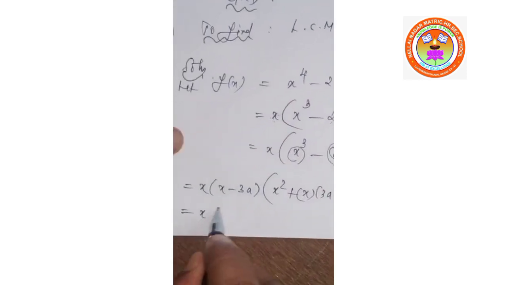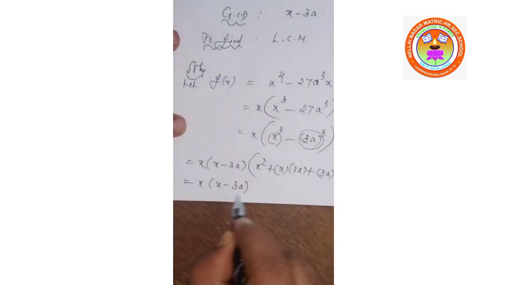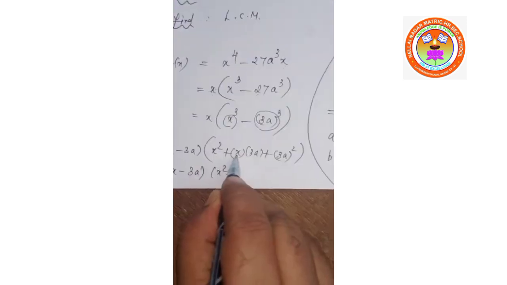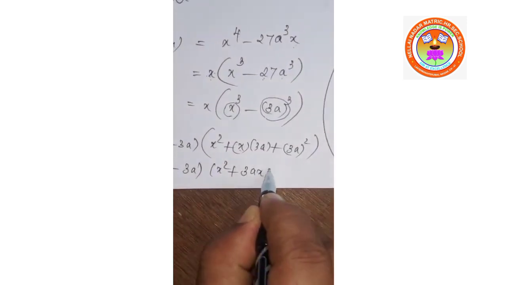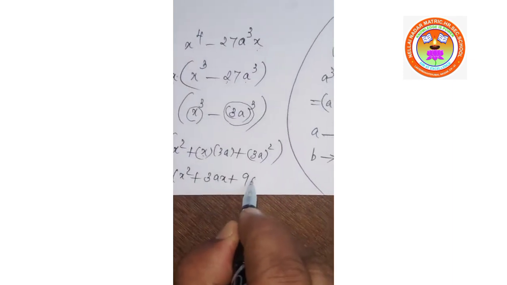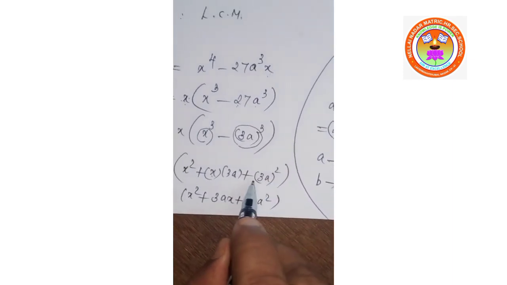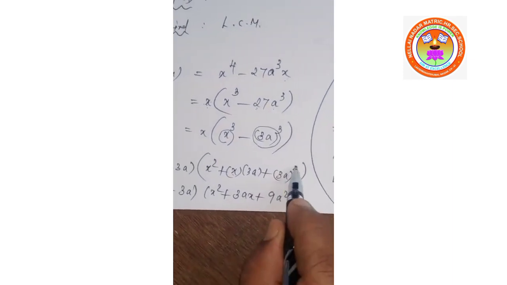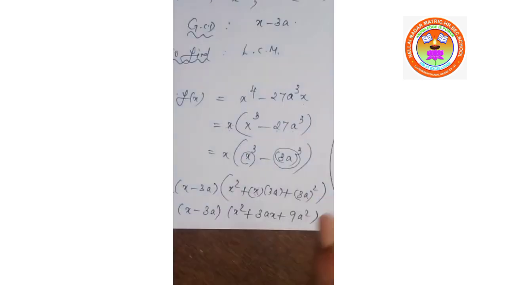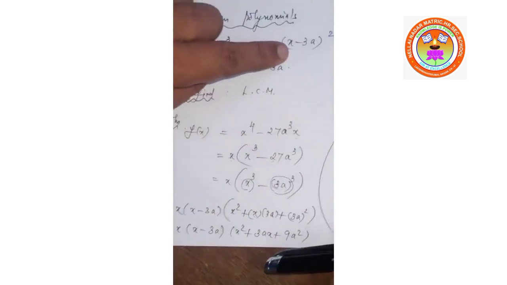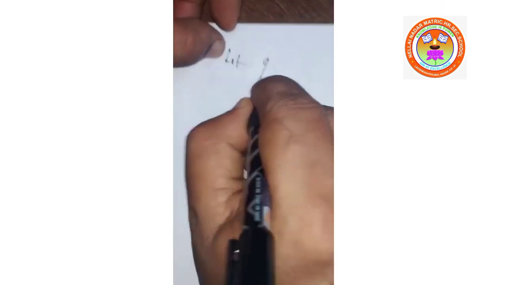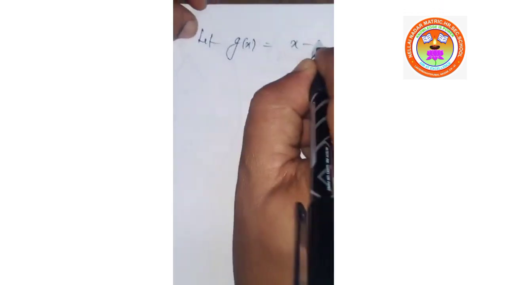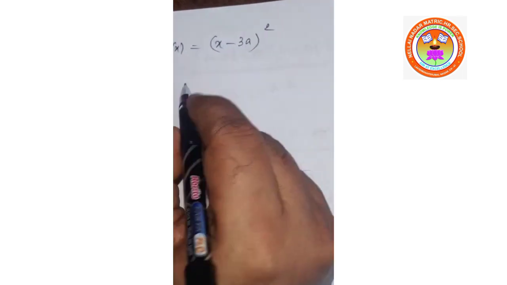That is equal to x into (x minus 3a) into (x square plus 3ax plus 9a square). 3a the whole square is 9a square. The square is common for 3 as well as a. So 3 square is 9, a power 2 is a square. So f of x is factorized. Now I take g of x. Let g of x be equal to (x minus 3a) the whole square.